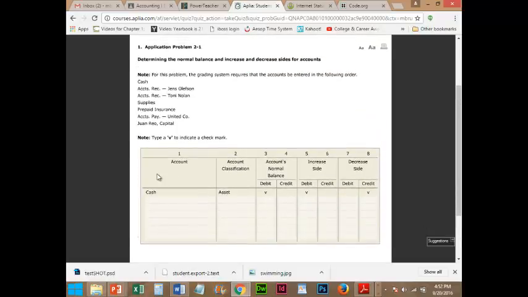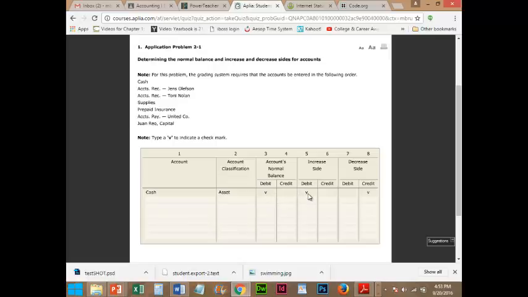Just to show you on this one, they've done the first one, cash. So here's our chart of accounts. Here's all of our different accounts our business uses. They took cash. They classified it, it's an asset, it's something that has value. Its normal balance is a debit. This is just the V key that they've used to type in the letter V like it's a check mark.